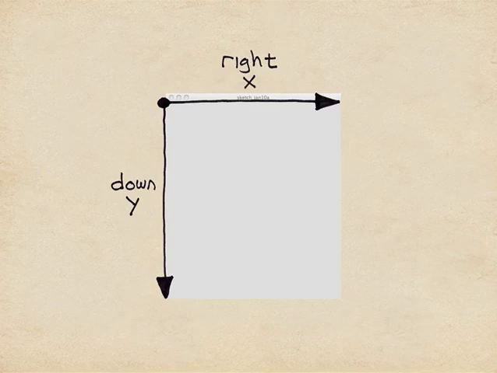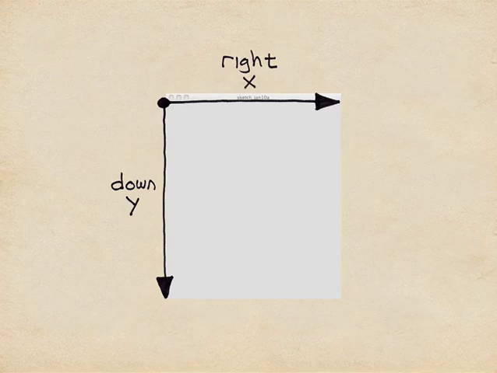You know that when you want to make a window bigger, typically you grab it by the bottom right and make it larger or smaller by dragging from that corner. So it just seems to make more sense to measure from the upper left. So that's how we do it. To locate a point, you say how far to the right it is of the upper left corner, followed by how far down it is from the upper left corner.